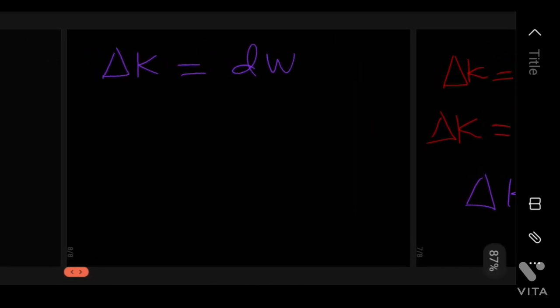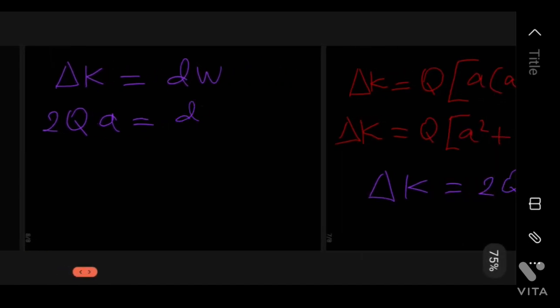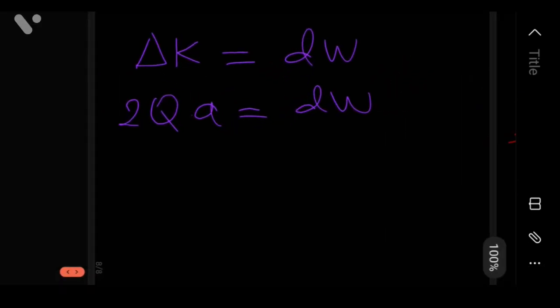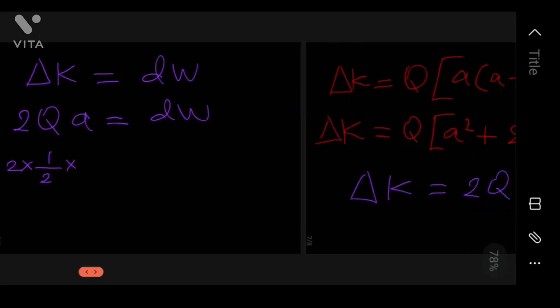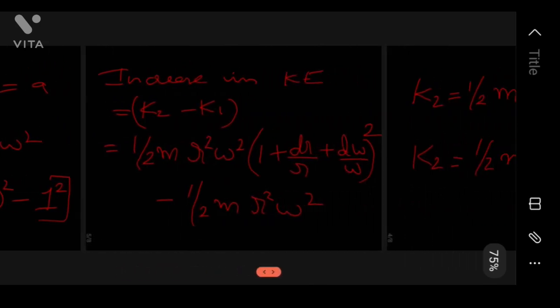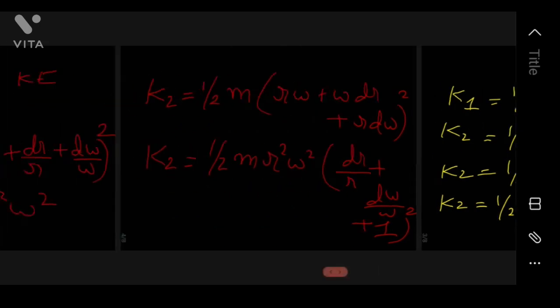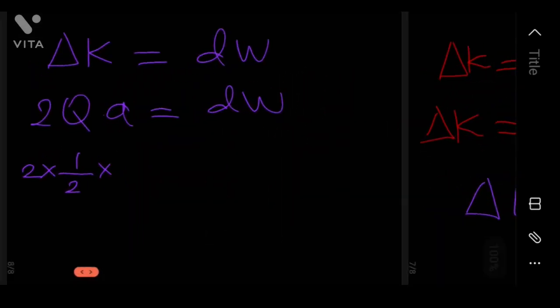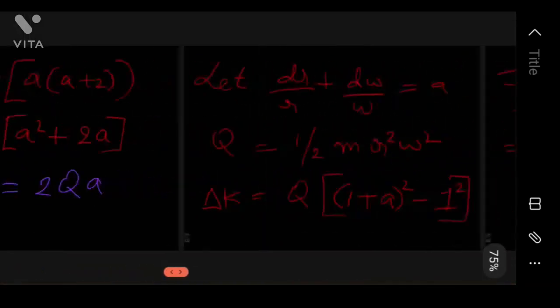So 2 into q into a is equal to the work done, dW. So 2 into half into m r square omega square into a is equal to dW.